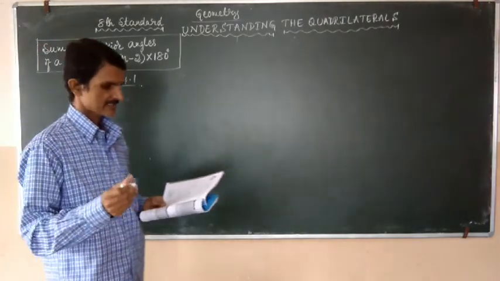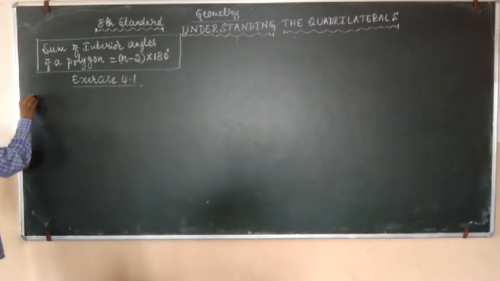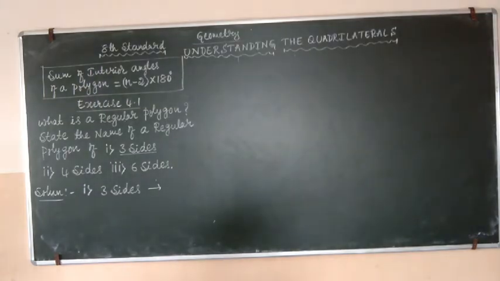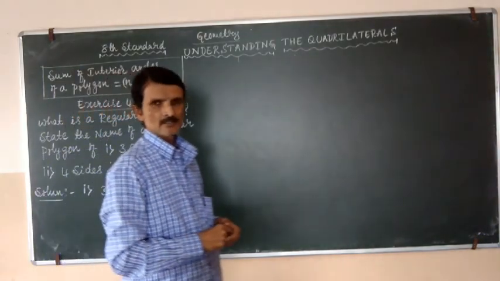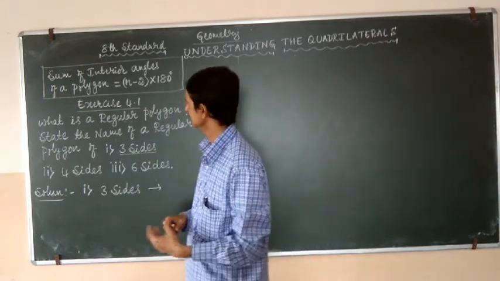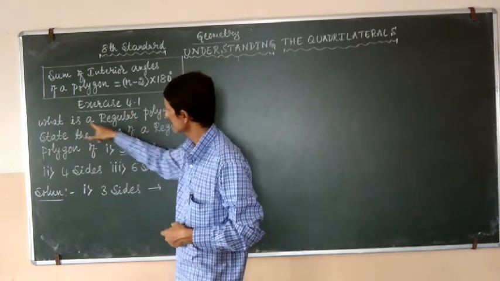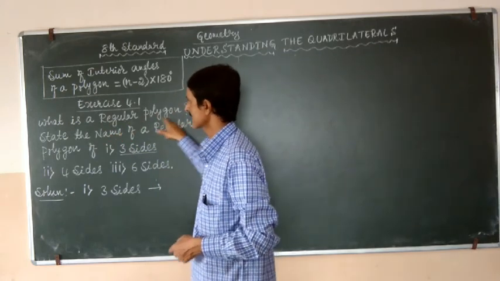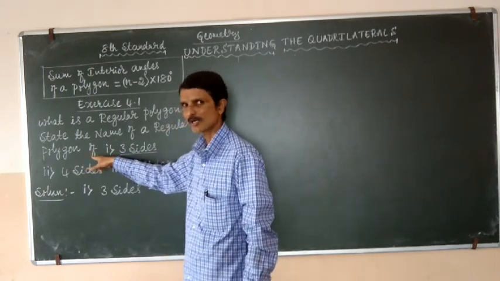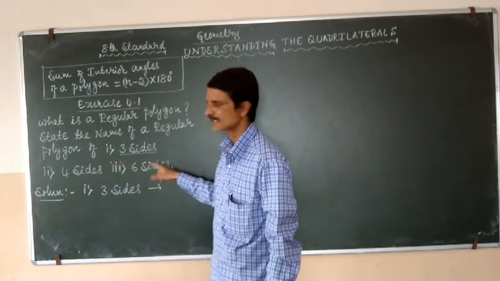Students, we shall see the next problem in exercise 4.1. The problem is, what is a regular polygon? State the name of a regular polygon of 3 sides, 4 sides and 6 sides.